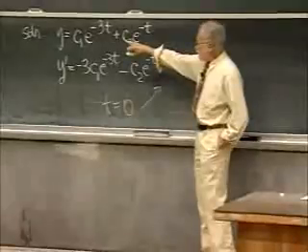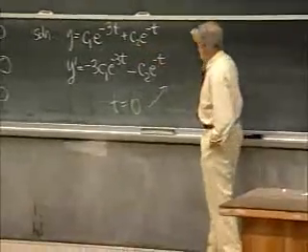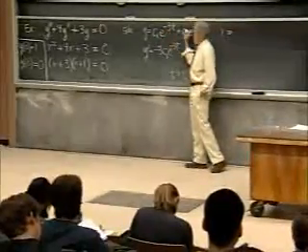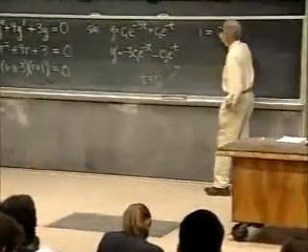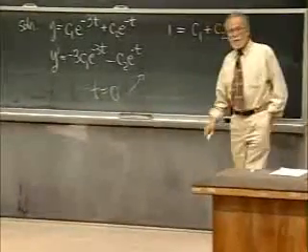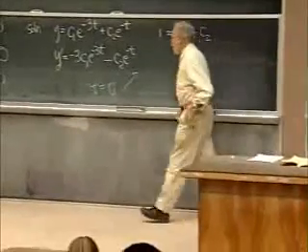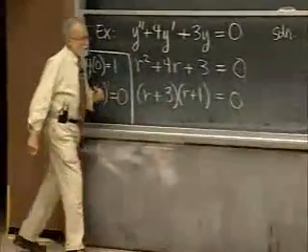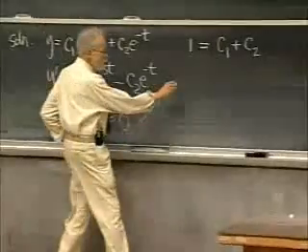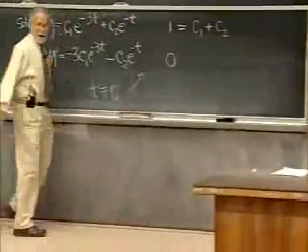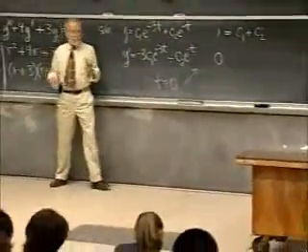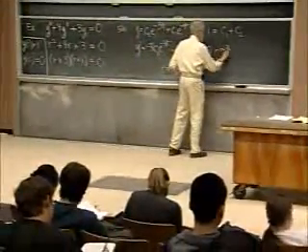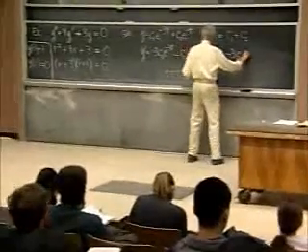Well, the left side says that y of 0 should be 1, and the right side says this is 1, that's 1, so it's c1 plus c2. That's the result of substituting t equals 0. How about the second equation? Well, y prime of 0 is 0. So when I put in t equals 0, the left side is 0 according to that initial value, and the right side is negative 3c1 minus c2.